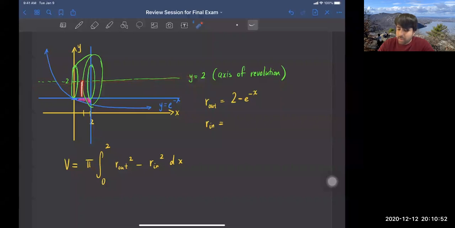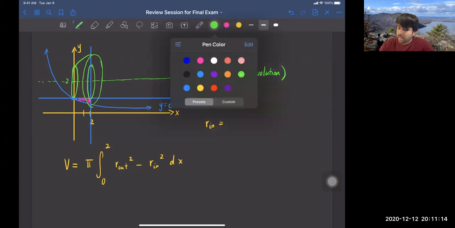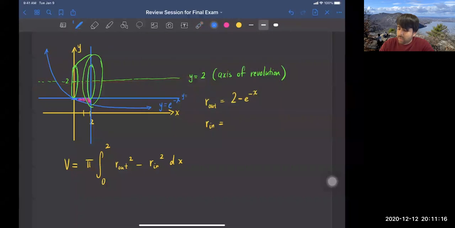So the inner radius would be what? Yeah, the inner radius is just 1, guys. It's constant throughout because I have a constant function, right? I have this constant function y equals 1. So then the radius is 1.